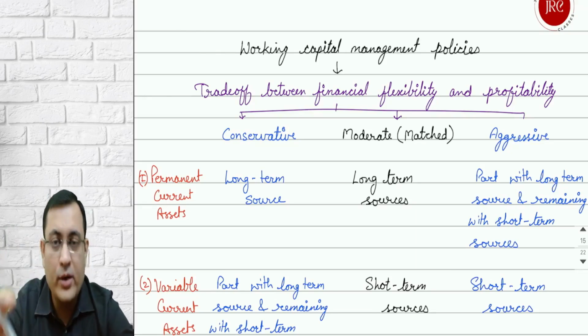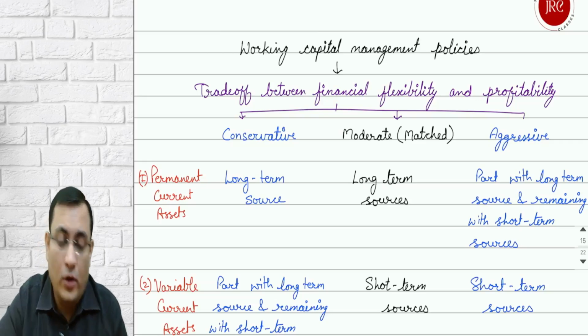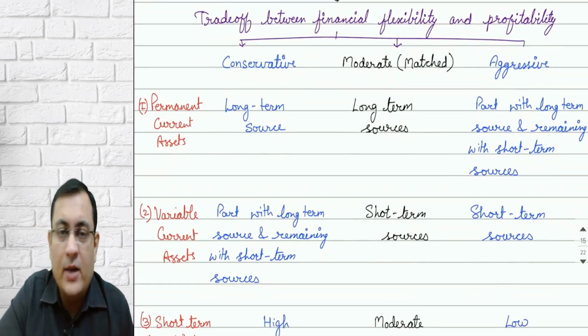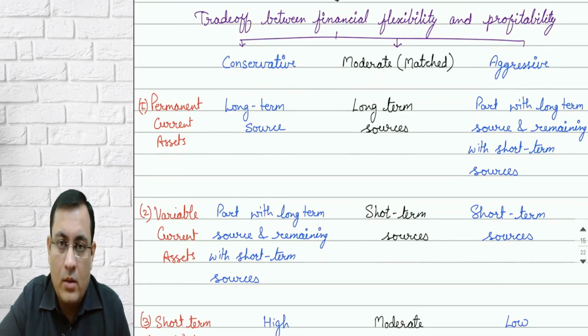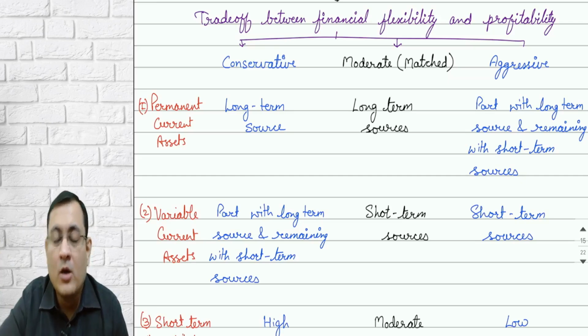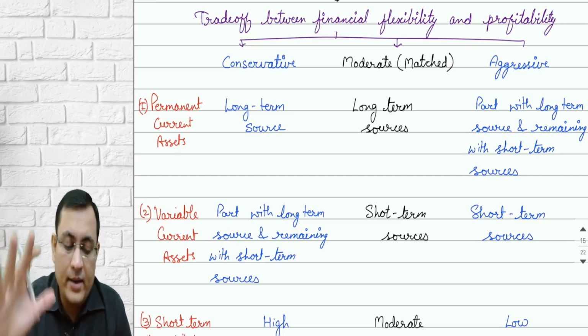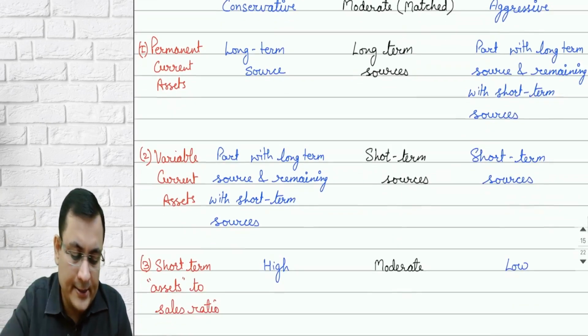Here they are going to give us certain characteristics to find out what type of policy the business is following. So number one, conservative policy. They are always afraid that there should not be a situation of crisis. So they will always try to maintain a higher level of current assets.